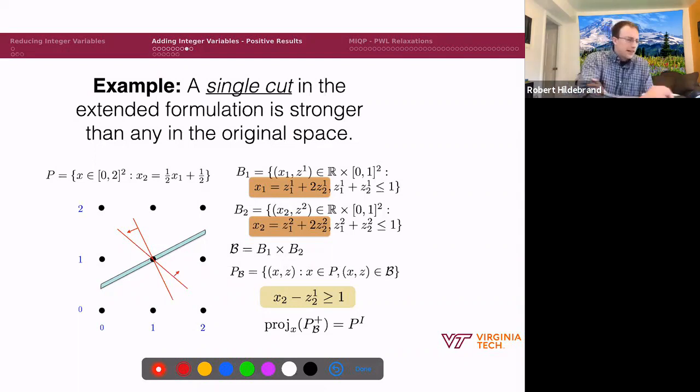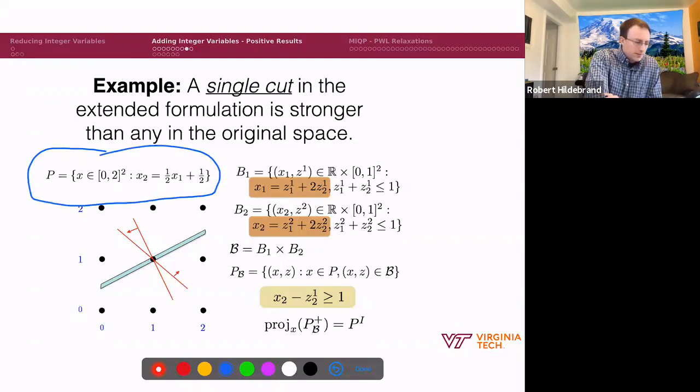Suppose I have this very simple polyhedron that's just this little region here. What I'd like to do is add some cuts until I can reach the integer hull, which is this single point here. You can see that in the original space, it requires 2 cuts to do this. You have to have one cut facing one way and one cut facing the other way.